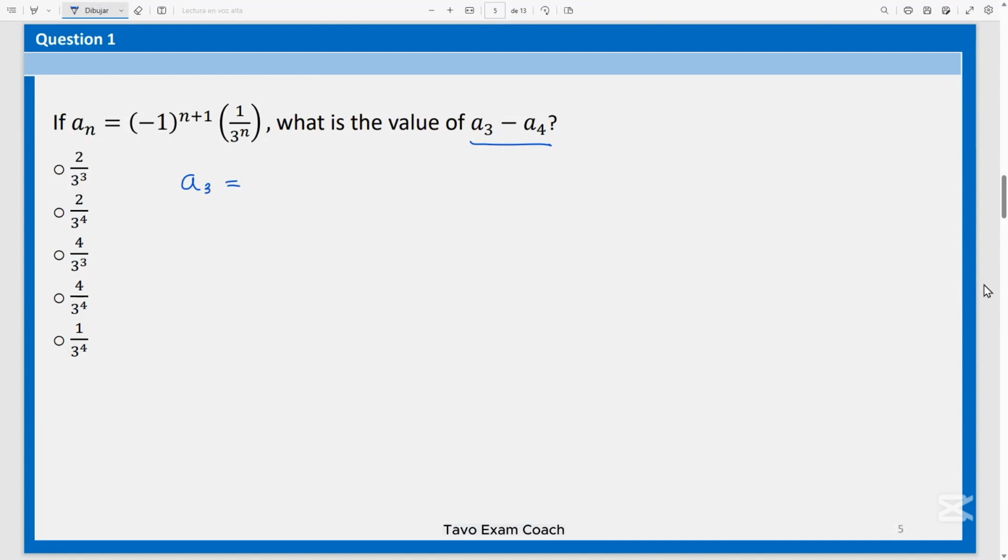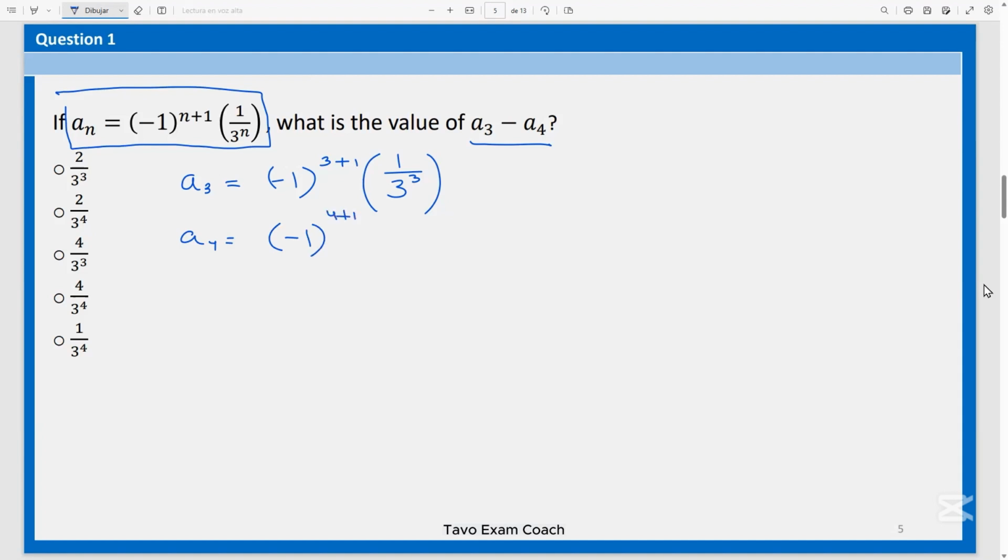The third term, as per the definition, would be (-1) up to 3 plus 1 times 1 over 3 cubed. If we simply substitute the position of the term, 3, wherever the placeholder variable n appears in the definition of the sequence, okay? Likewise, for the fourth term in this sequence, we can do the substitution: (-1) up to 4 plus 1 times 1 over 3 up to 4.